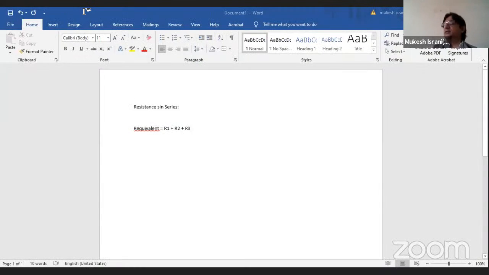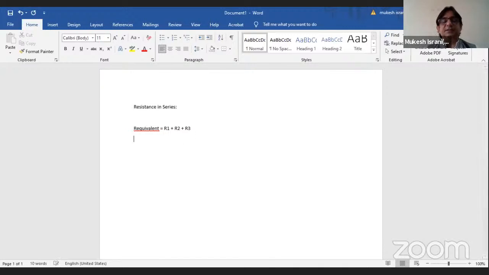So if I have three resistances connected in series and I want to find the equivalent value, it will be R1 plus R2 plus R3. This is the total resistance.